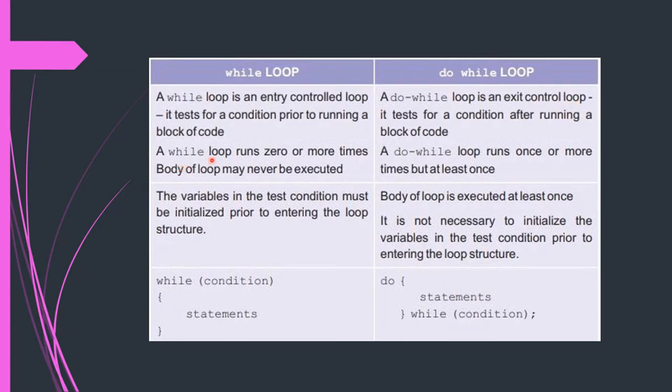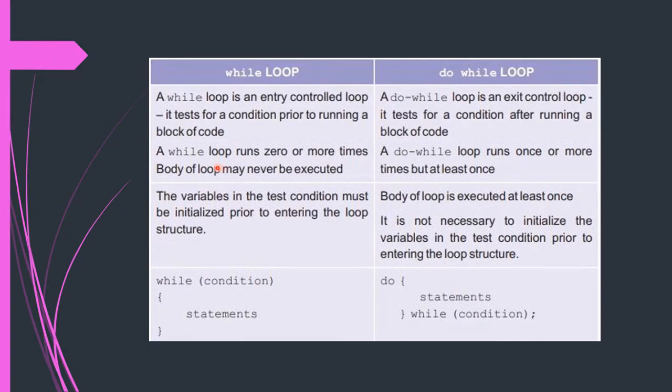Then, a while loop runs 0 or more times; the body of the loop may never be executed. This is a very important point. It is not necessary that a while loop runs at least one time.